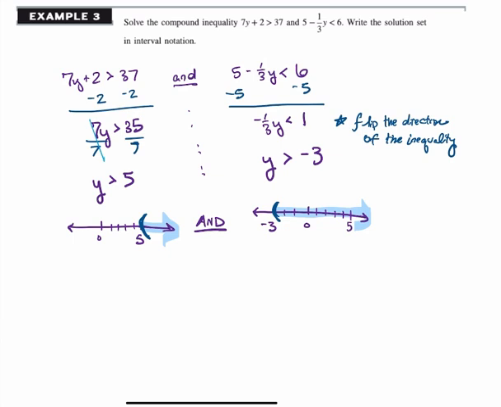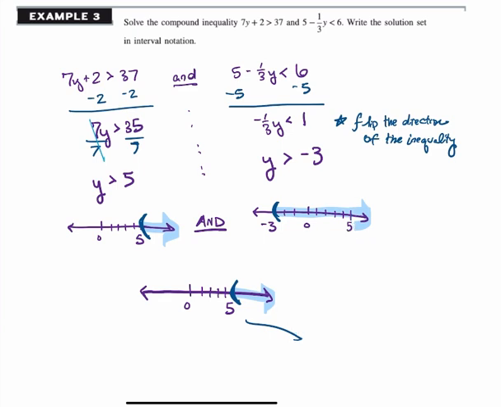So our combined solution would basically be what we have on the left there. Everything starting at 5, but not including 5, and onward. Because this portion going to the right does exist also in this graph, but only starting here and going forward.